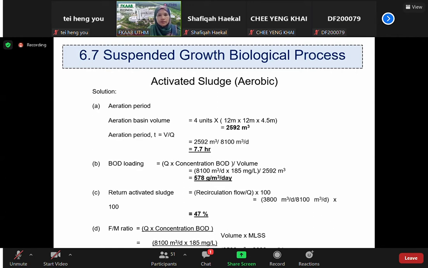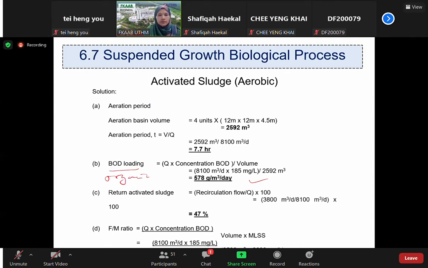Kali lah dengan to get the volume you can calculate the dimension. Okay, so that you can get the aeration period. BOD loading, Q is flow times concentration BOD, divide by volume, you can get the BOD loading. BOD loading yang carry wastewater, organic matter kita.